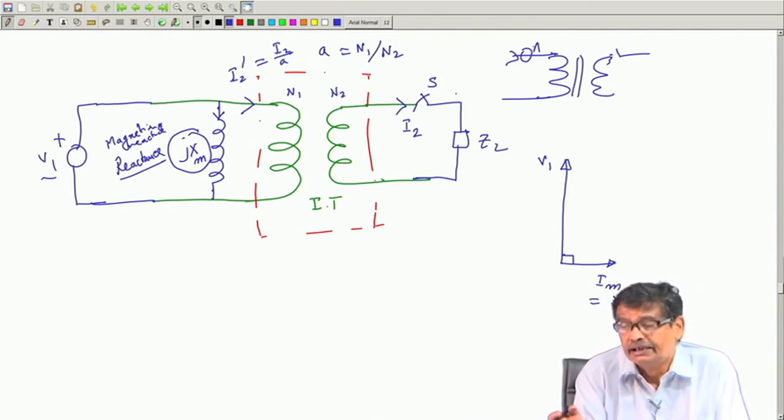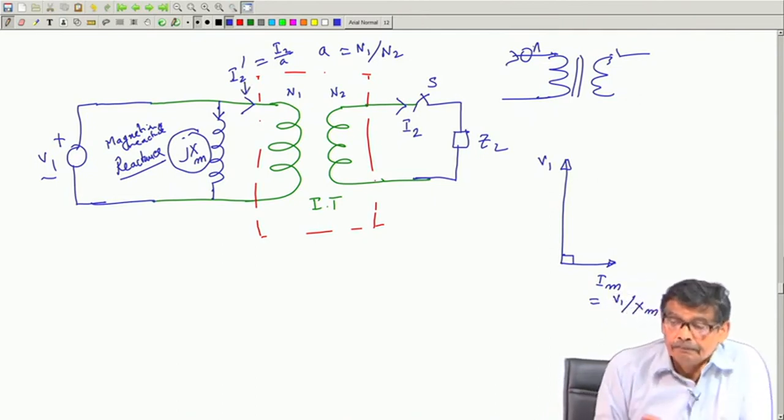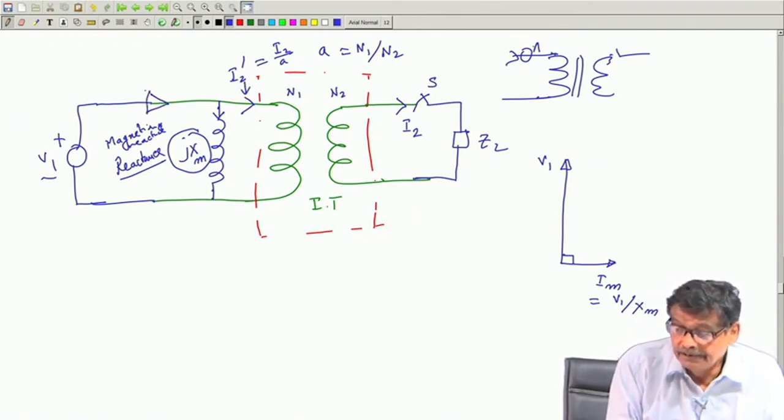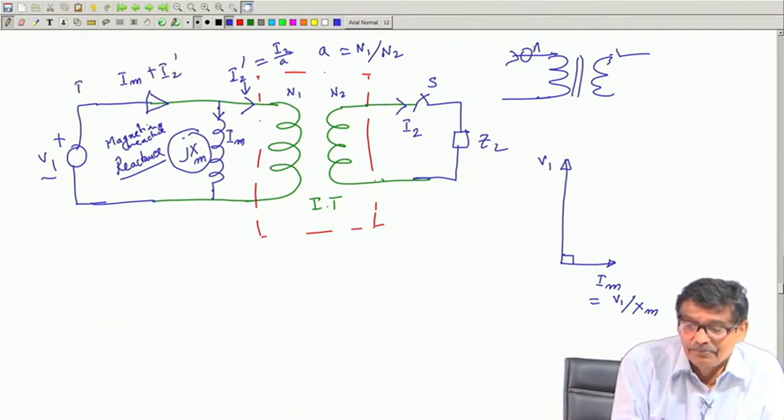And we know how an ideal transformer behaves. Connect a load, there will be a reflected current I2 dashed here, and then the current drawn from the supply will be the magnetizing current Im plus I2 dashed, and this will be your I1.